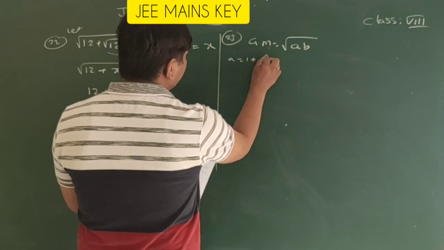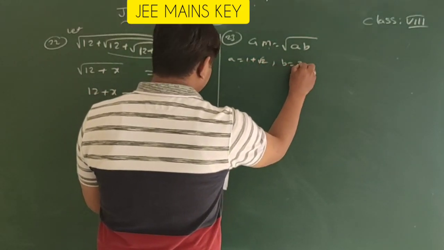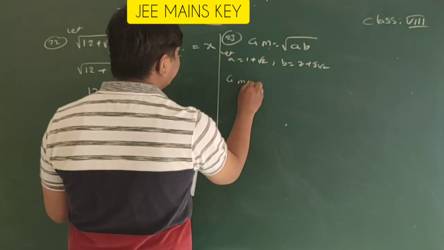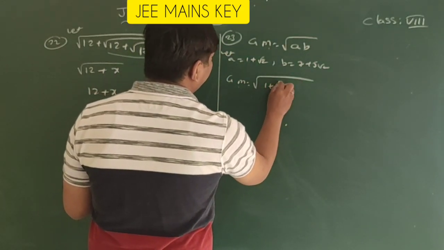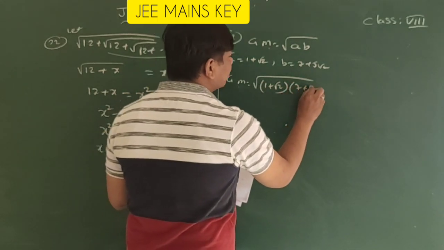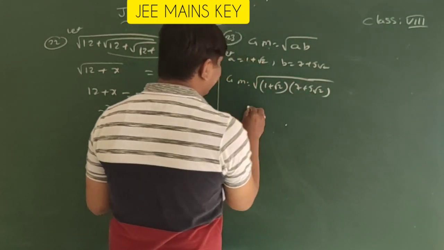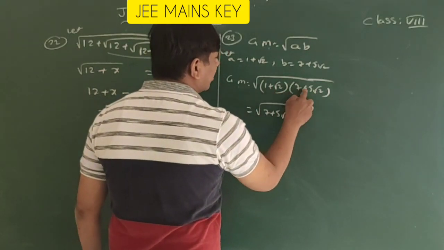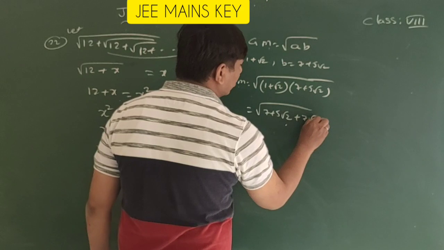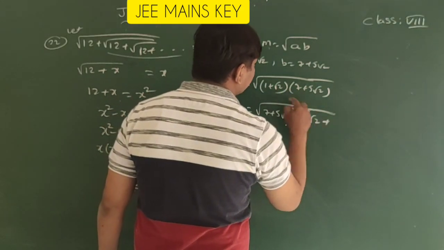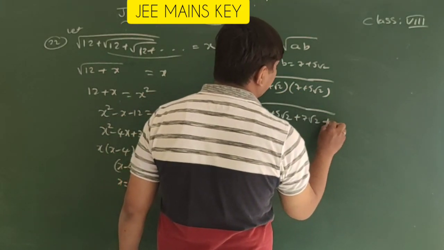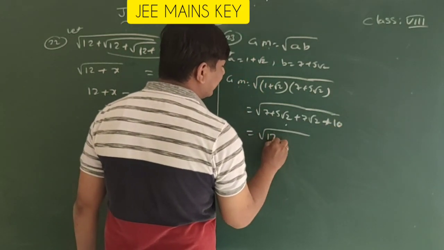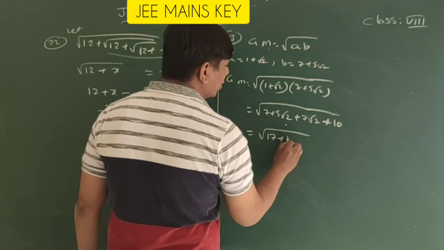Now the geometric mean is equal to square root of 1 plus root 2 into 7 plus 5 root 2. Simplify this. 1 into 7 plus 5 root 2 is 7 plus 5 root 2, and root 2 into 7 is 7 root 2. Plus into plus is plus. 5 into root 2 into root 2 is 5 2s, which are 10. That is equal to 10 plus 7 is 17, plus 5 plus 7 is 12 root 2.